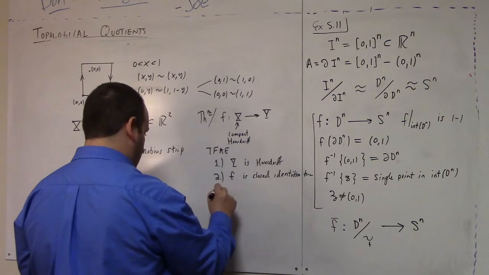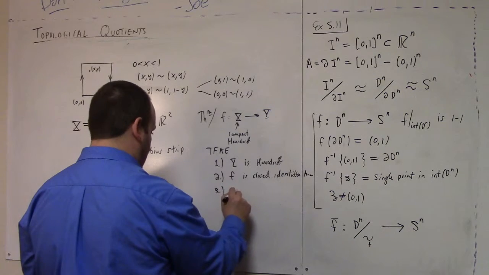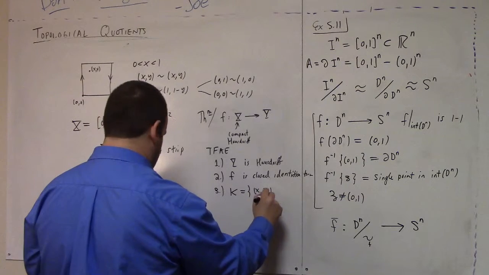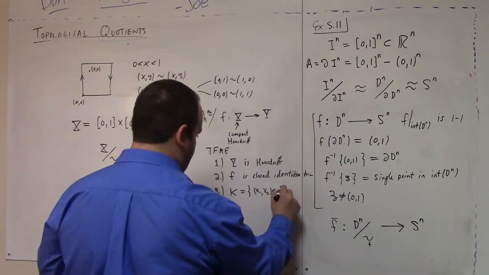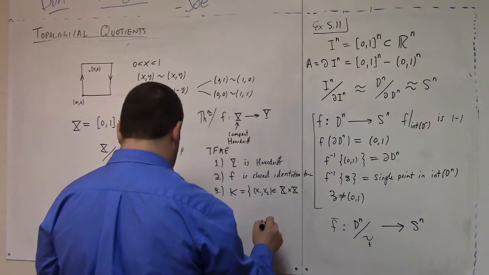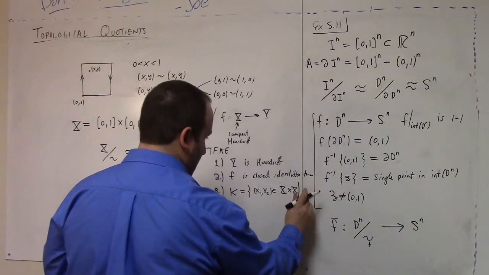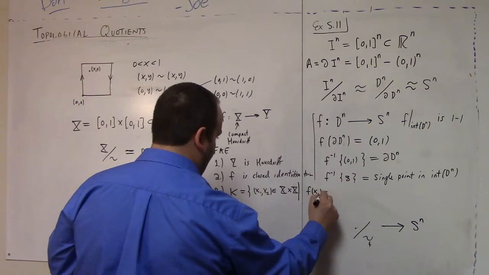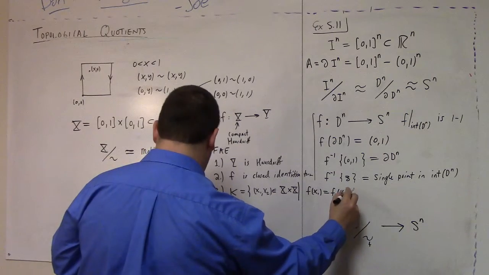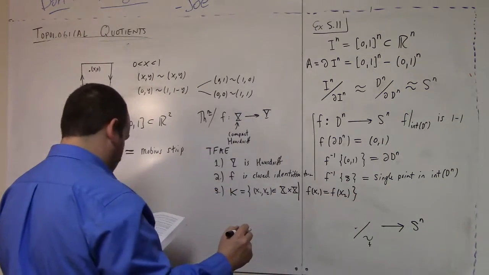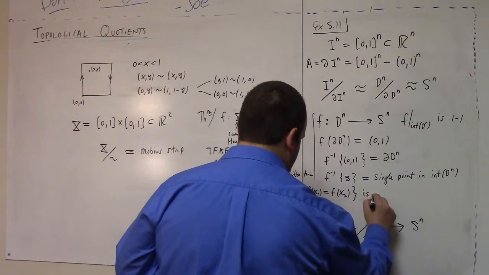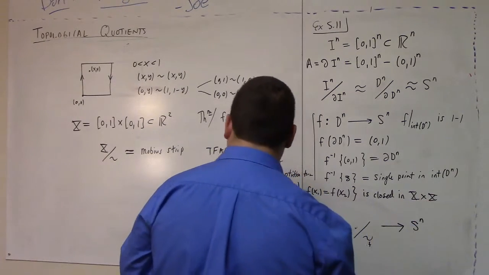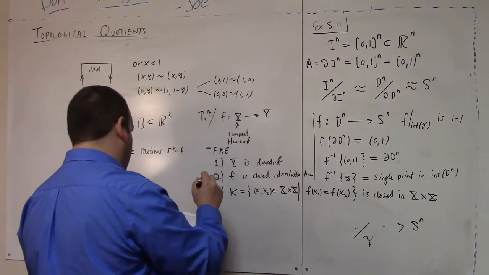Three: K equals the set of (x1, x2) in the Cartesian product of X and X such that f of x1 equals f of x2 is closed in the product. This is Theorem 5.14.